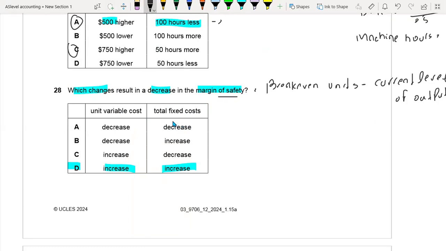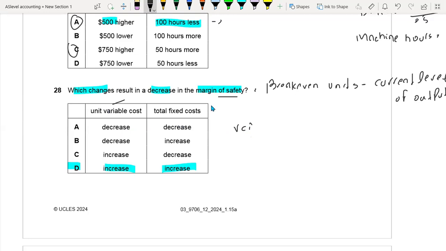first we have to consider the variable cost. If unit variable cost increases, the cost to produce each unit is higher, which decreases the contribution margin per unit, and this leads to a higher break-even point.